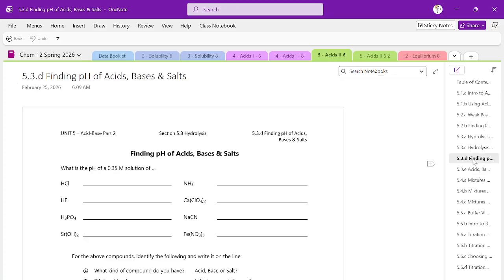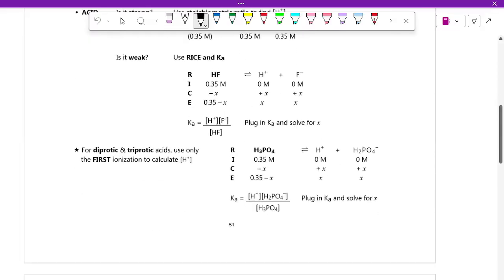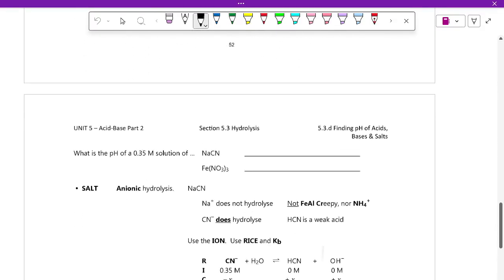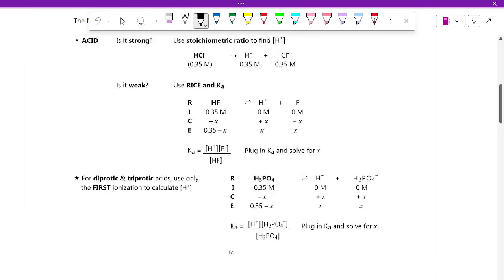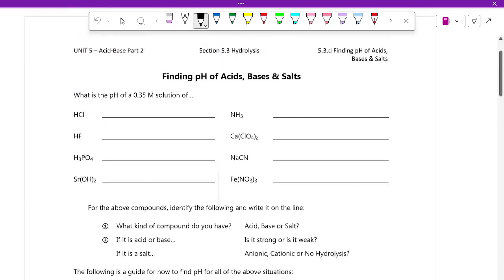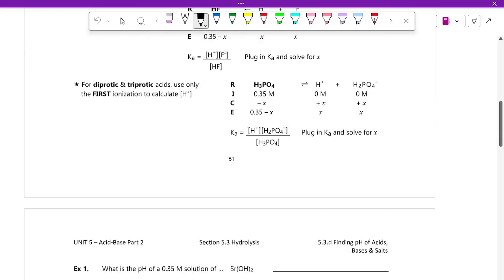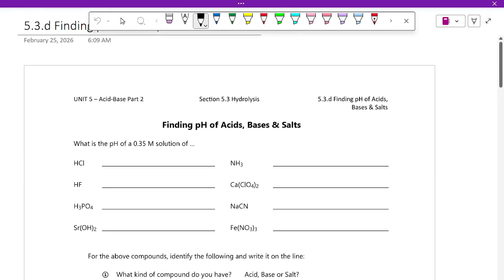I would start with 5.3D, pages 51, 52, 53. Actually, no, this is notes. So let's go to page 51 and do this together, just for starters, because this is going to review a lot of the stuff for hydrolysis. Okay, page 51.